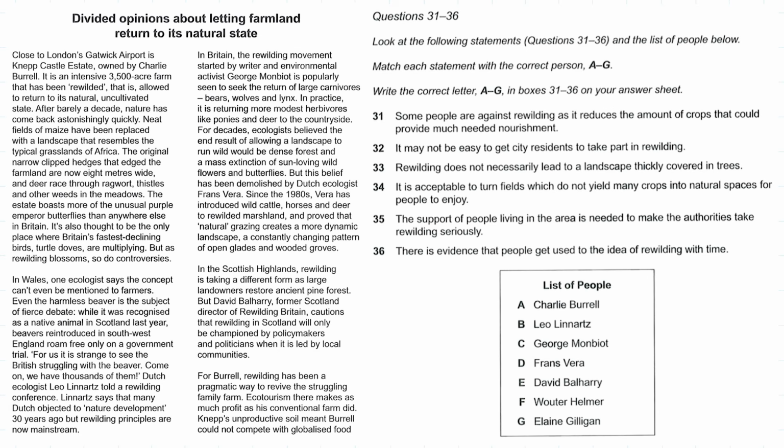So people who are against rewilding, so rewilding is making something wild again. So taking part in rewilding, then a landscape thickly covered in trees, natural spaces for people to enjoy, then the support of people, and take rewilding seriously, and people get used to the idea.